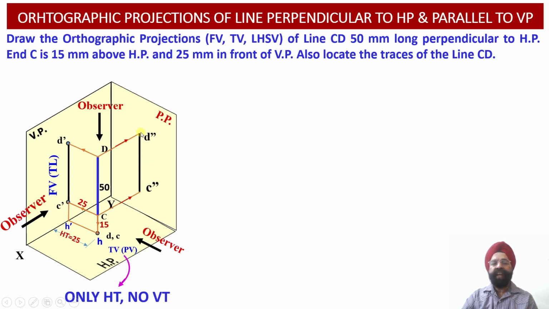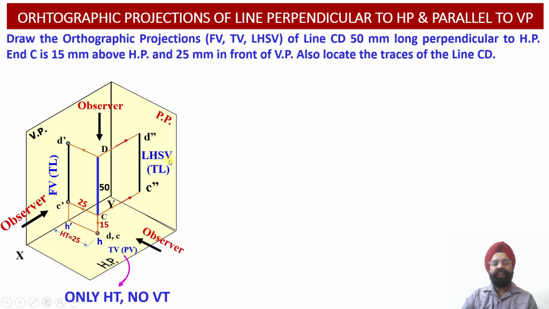Why? Because this line CD is also parallel to the profile plane. Since CD is parallel to the profile plane, the C double dash D double dash projections obtained onto the profile plane will reveal the true length projections of this line in the left hand side view.